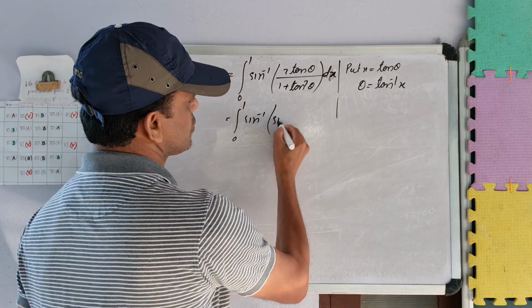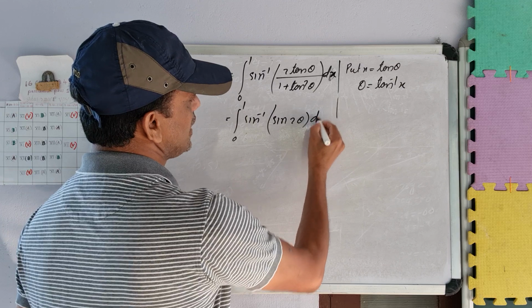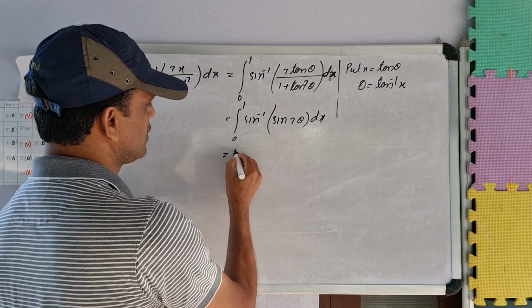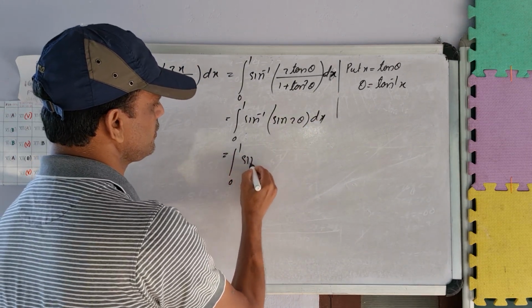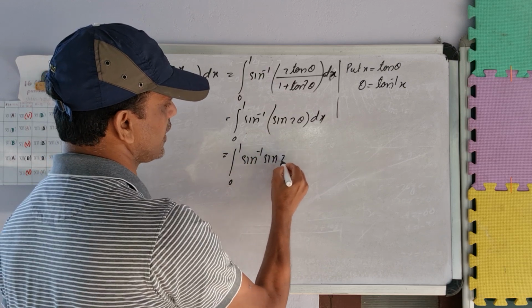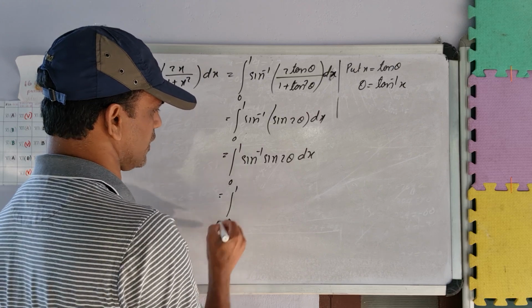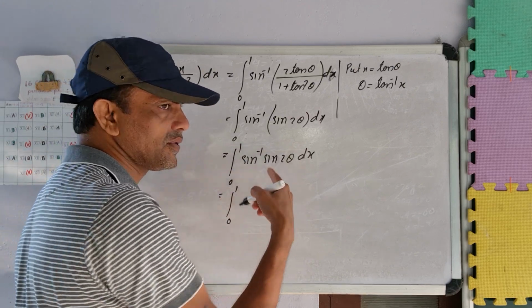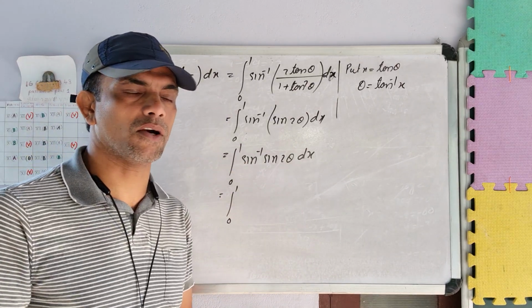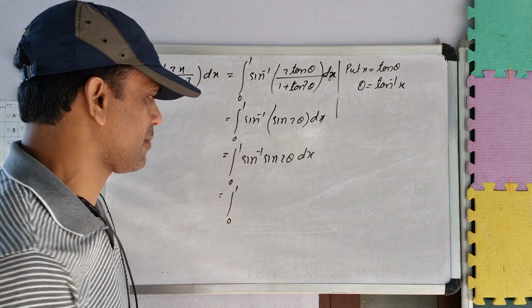So it is the integral 0 to 1 of sine inverse of sine 2 theta dx, and this is the first property of inverse trigonometric functions.